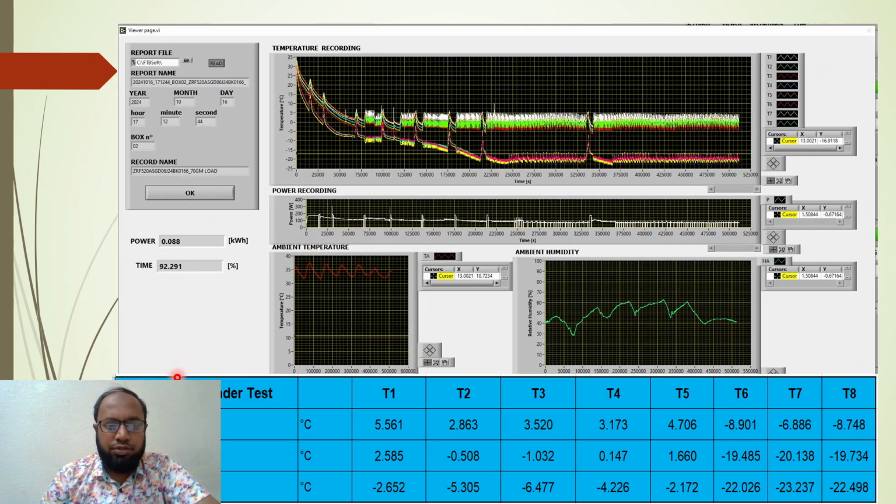As mentioned, the refrigerator maximum, minimum and medium temperatures are in my report. For this refrigerator, T1 to T5 are used for the refrigerator chamber temperature, and T6 to T8 for the freezer chamber temperature. From this temperature data we make the averages.